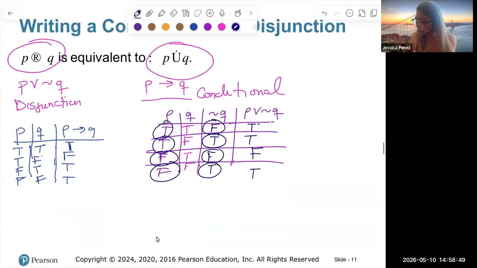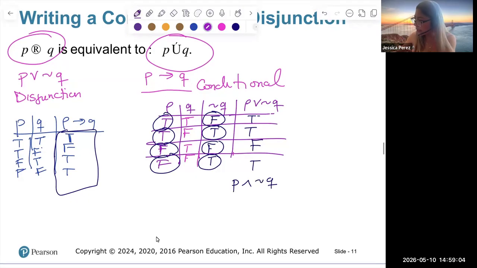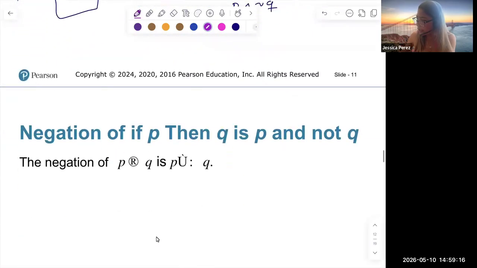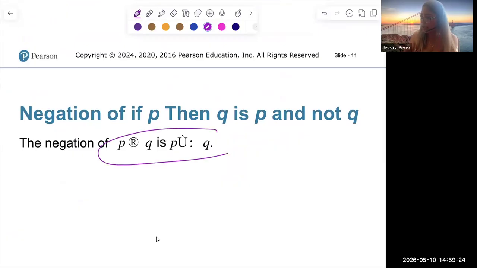So then here we have the values TFTT or TTFT. And if we have P and not Q, so let's see P and not Q. So T, F is F, T, T is T, F, F is F, and then F, T is F. So then when we look at the negation of P then Q and not Q, there's a typo here.